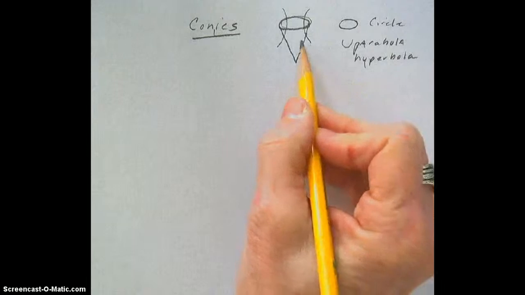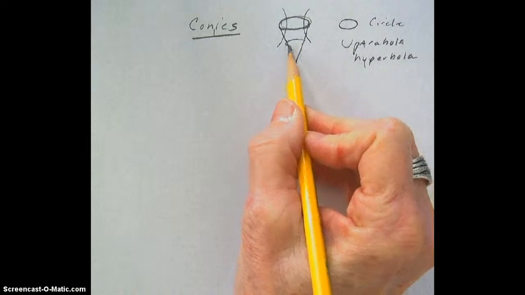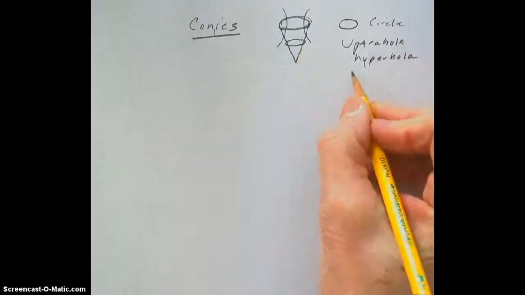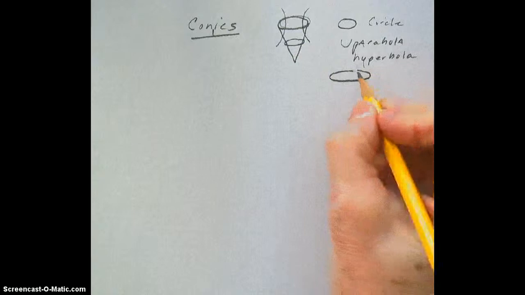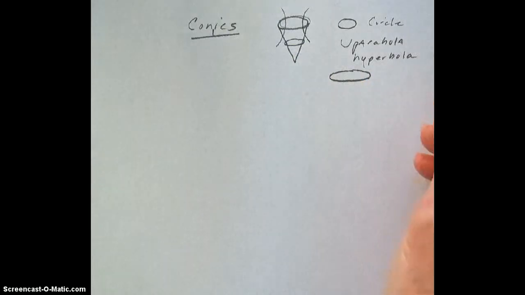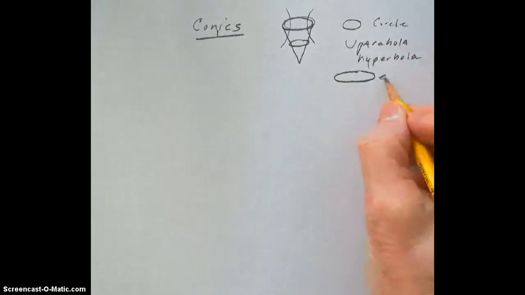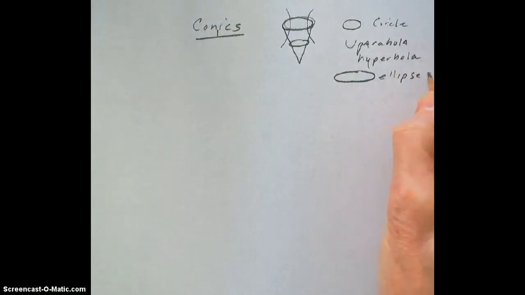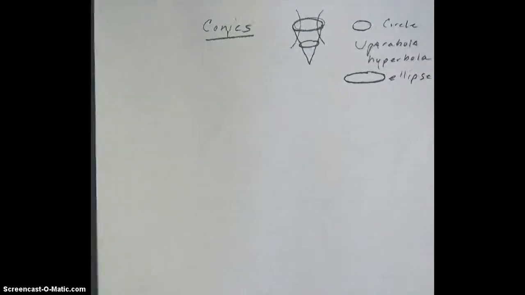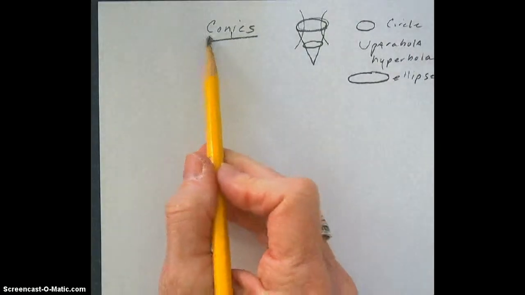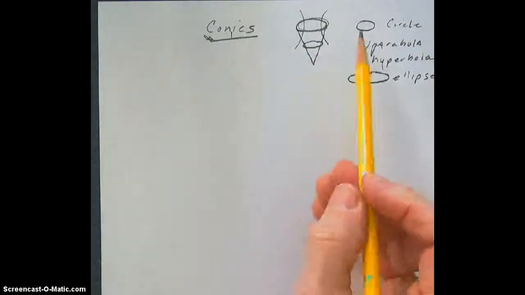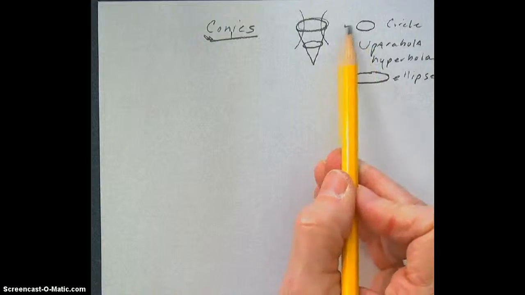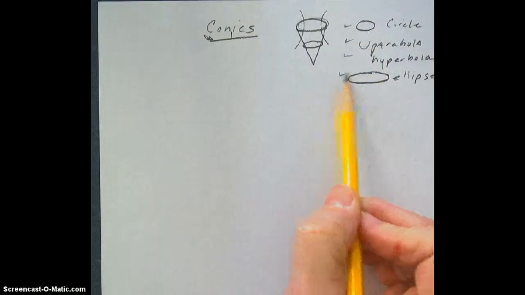And then if I take a cut and I cut down on the cone, I'm going to have an elongated circle, which we sometimes call an oval, but we'll call these ellipses. So the study of conics is looking at all different circles, parabolas, hyperbolas, and ellipses.